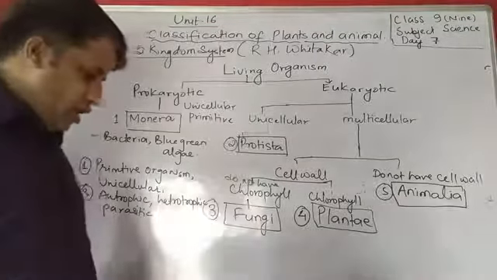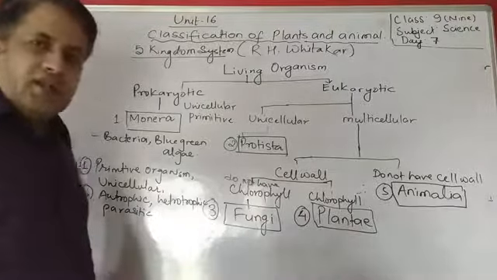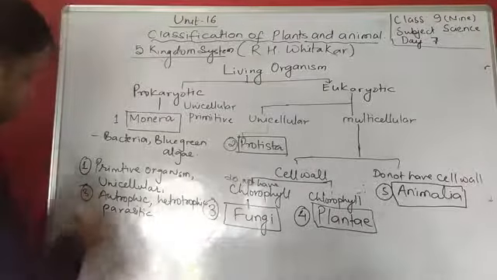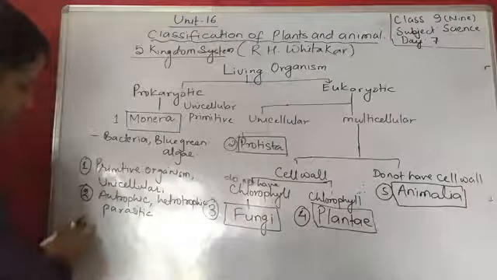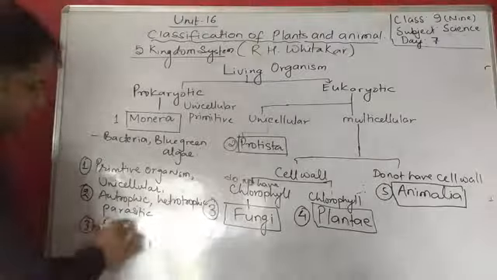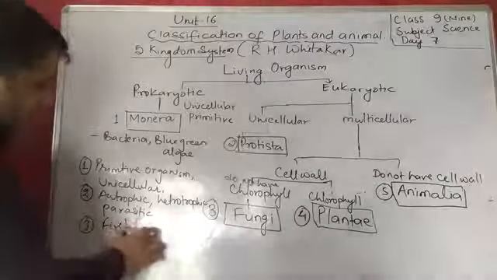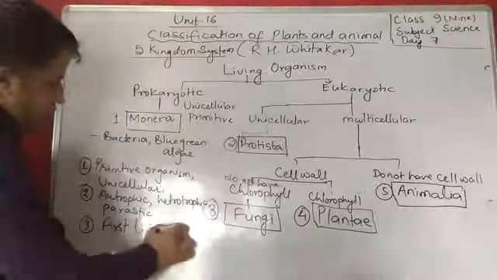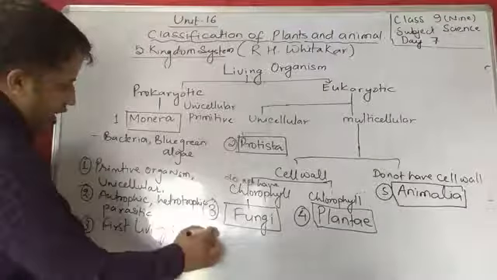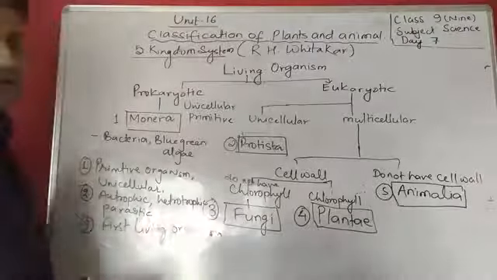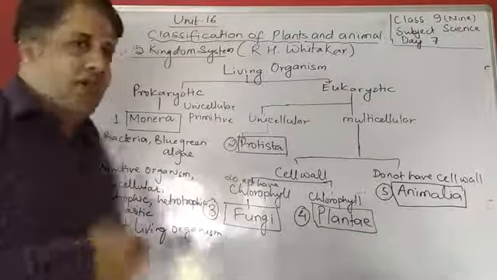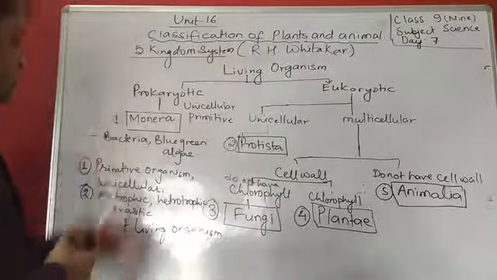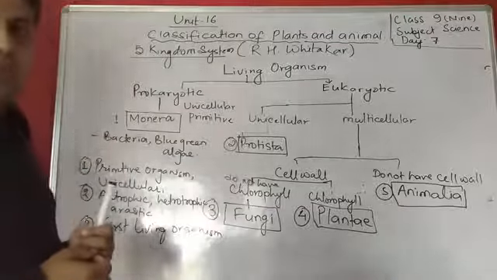And we know they are the first living organisms. So the first living organisms belong to this category, and they may have a cell wall or may not have a cell wall. So these are a few characteristics of Monera.